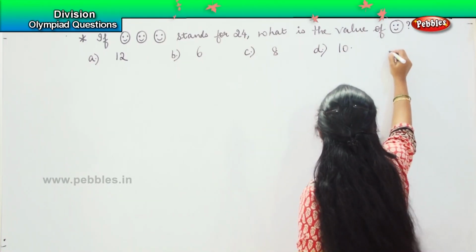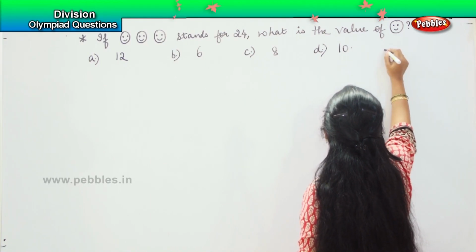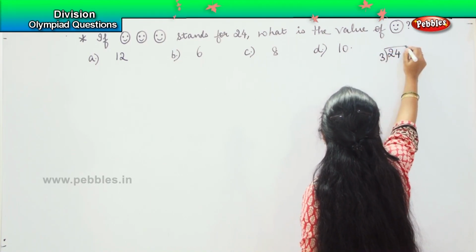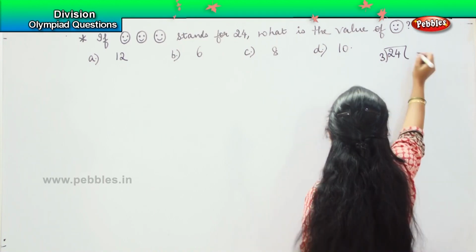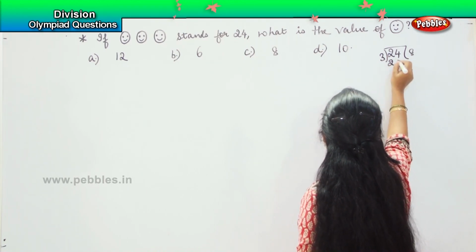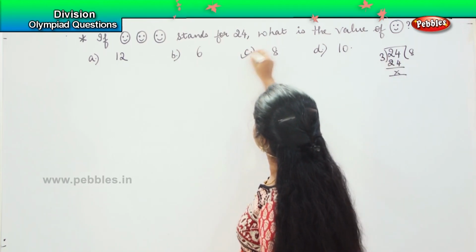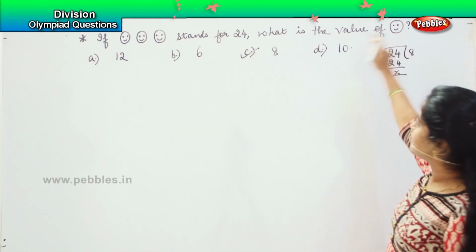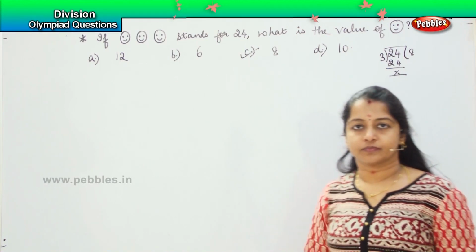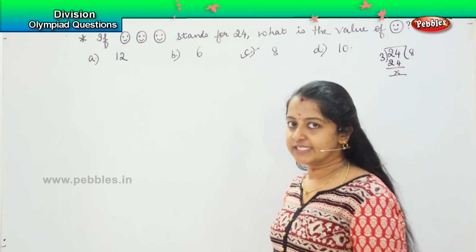We'll work out and see. 24 divided by 3. 3 into 8 is 24. So my answer is 8. So the value of 1 smiley is 8. Clear? Shall we move to the next sum?